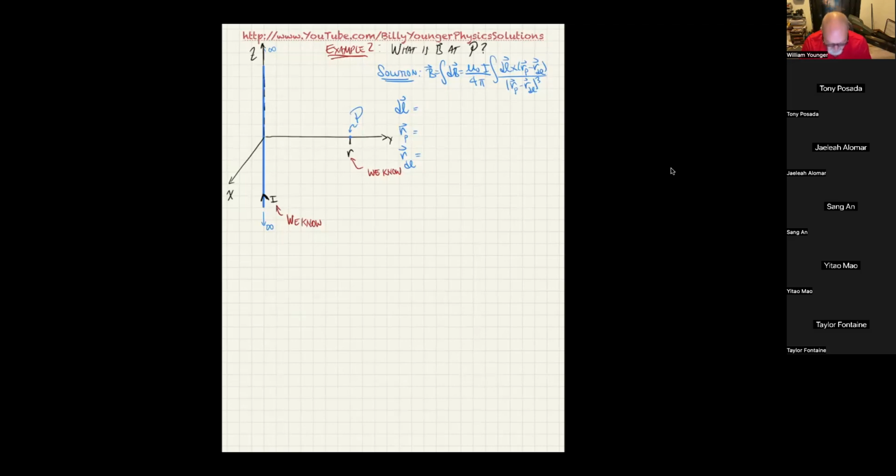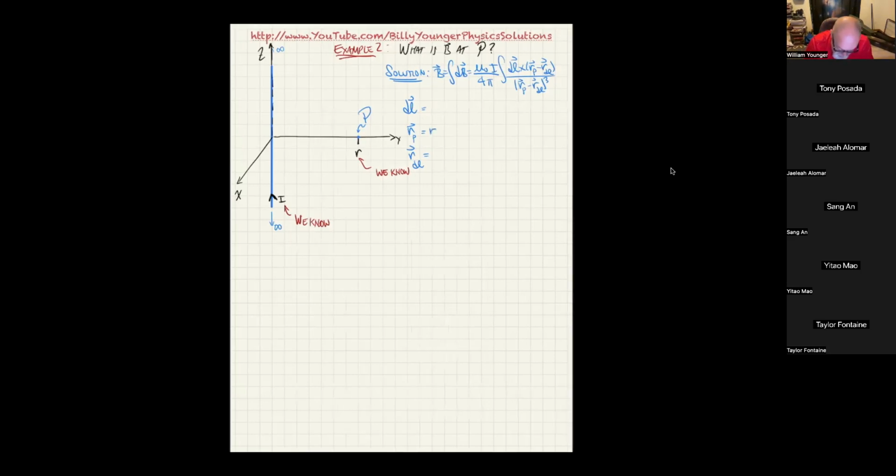R. So the length of rp should be r, and it points from the origin to the point P. Do you know of a unit vector that points in that direction? j hat. Exactly. So r j hat is what we're getting at.